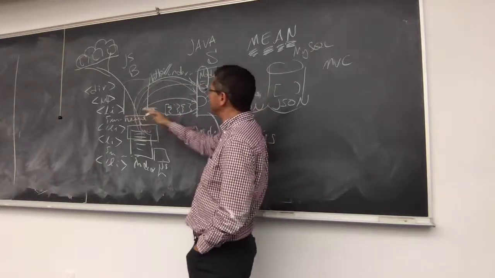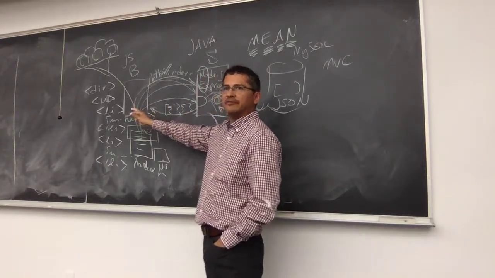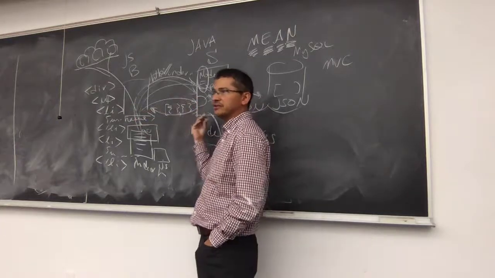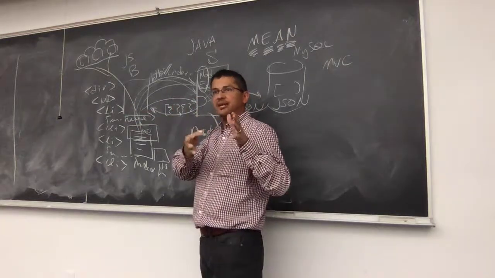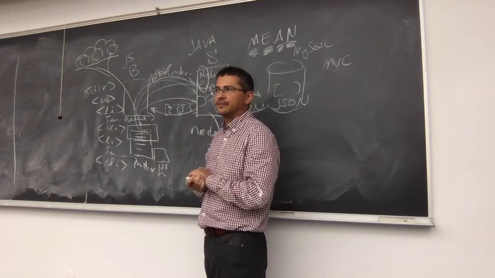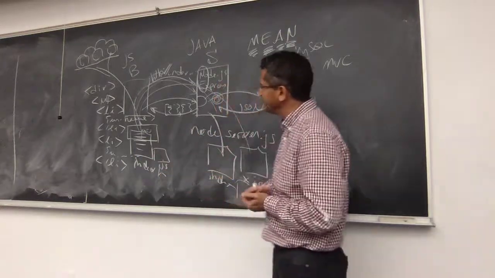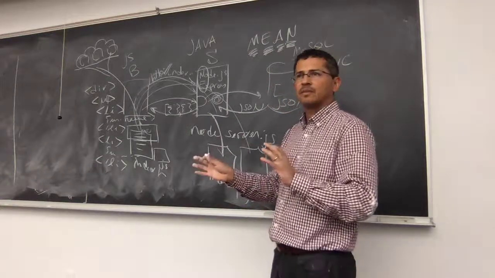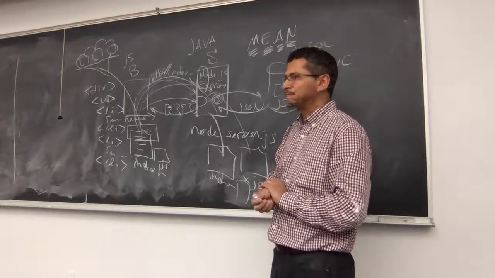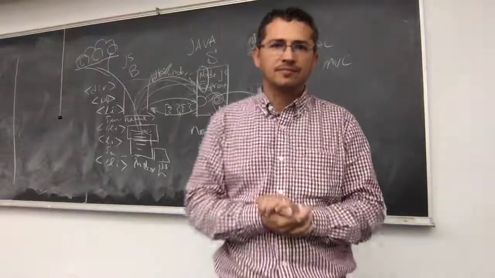You have very minor or minimal conversion that you need to do between the different tiers. It allows you to work with the same data model across your entire stack, which simplifies the overall design and architecture. Make sense? Everybody okay? All right.